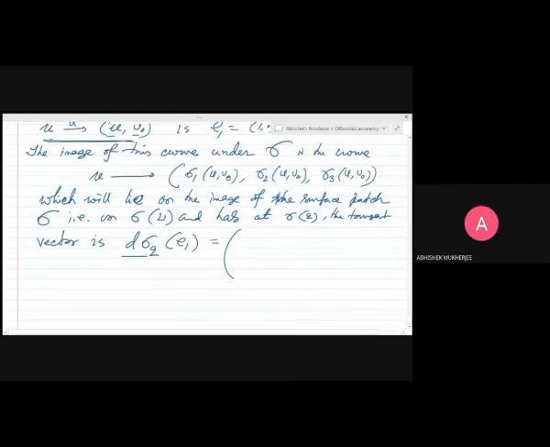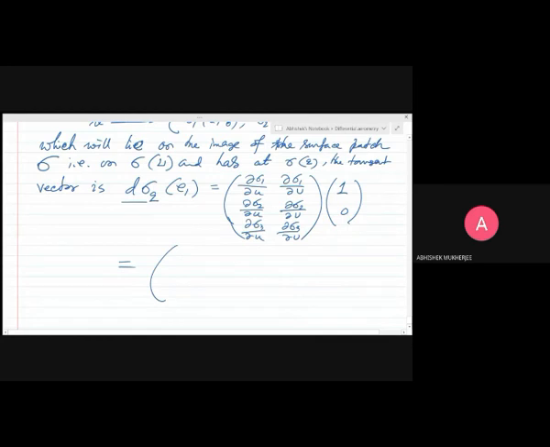The d sigma q is the matrix with rows del sigma 1 del u, del sigma 1 del v; del sigma 2 del u, del sigma 2 del v; del sigma 3 del u, del sigma 3 del v, applied to u1, that means (1, 0). What is that?